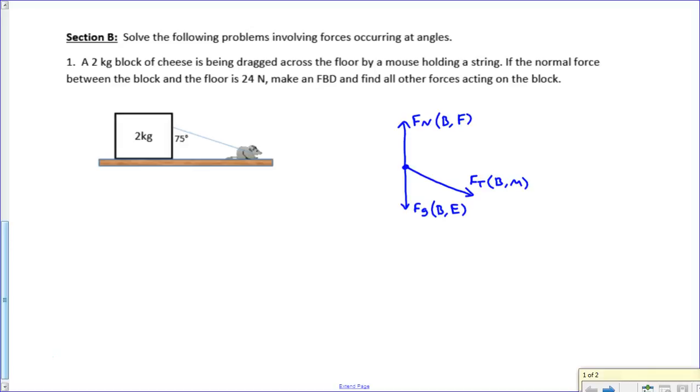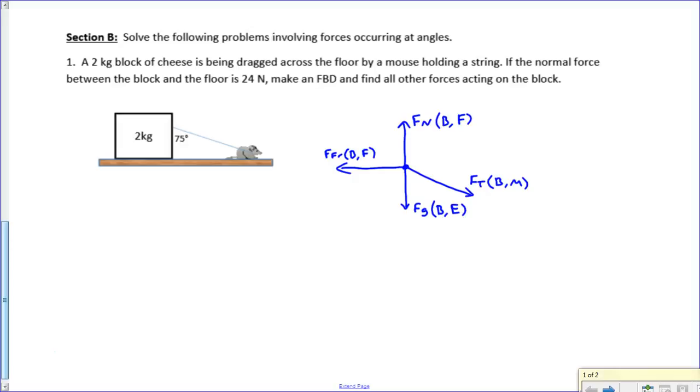All right, and then friction is always happening parallel to the two surfaces that are rubbing together. So as this block tries to slide over here to the right, there's a friction force that's going to be going over here. So there's a friction force on the block by the floor again. Alrighty, and so these are our forces that we're dealing with.